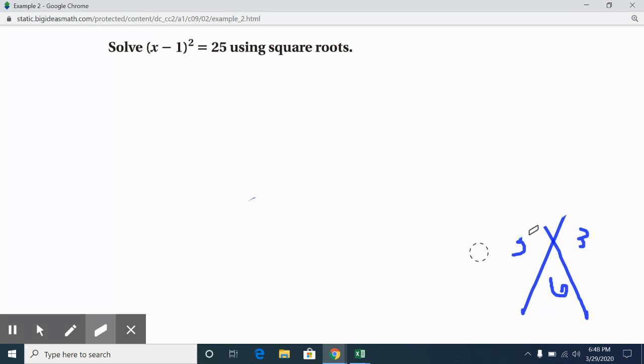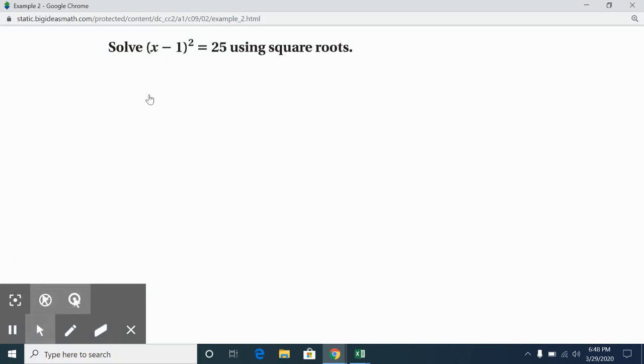Now they want us to solve this thing. In order to solve an expression like this, I need what's in parentheses isolated, which it already is. So I'm going to take the square root right away of 25. And remember, there are 2 of them.